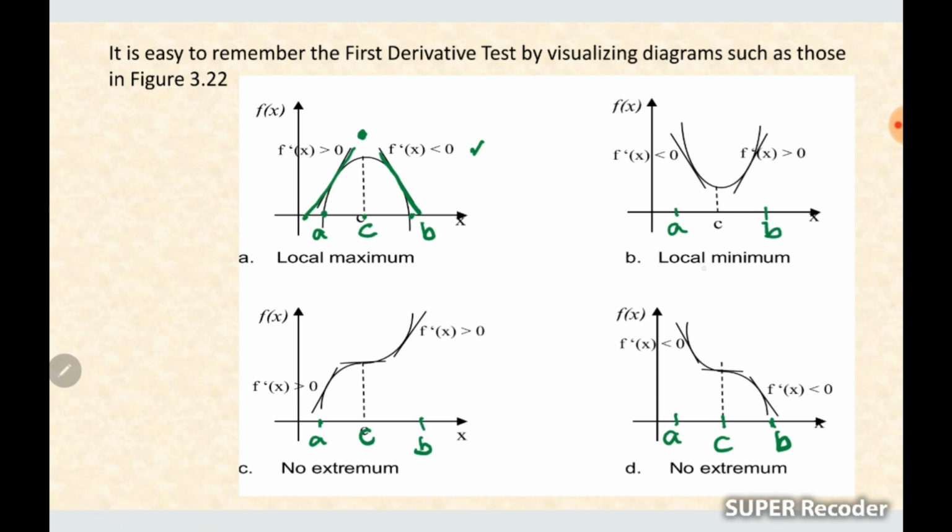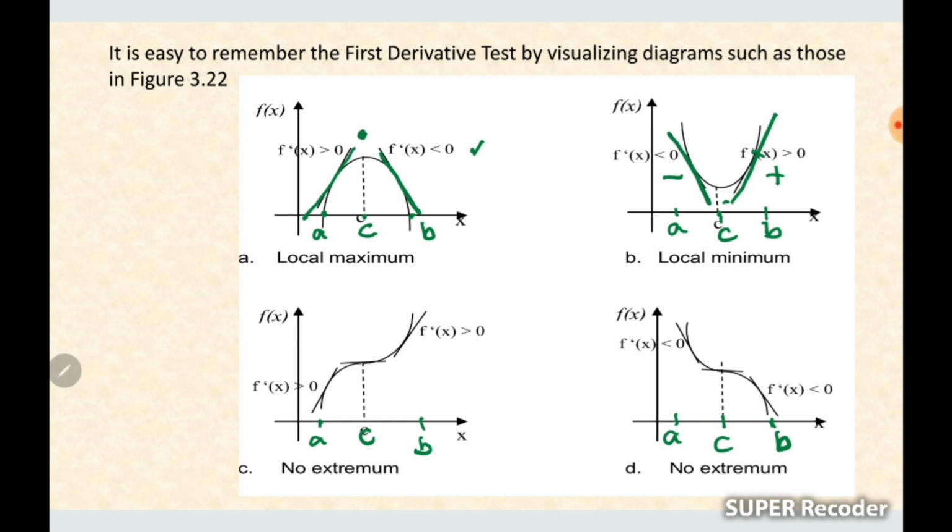B, if the derivative at any point from A to C is negative, and from point C to B the derivative of f is positive, we can conclude that there is a local minimum at point C.